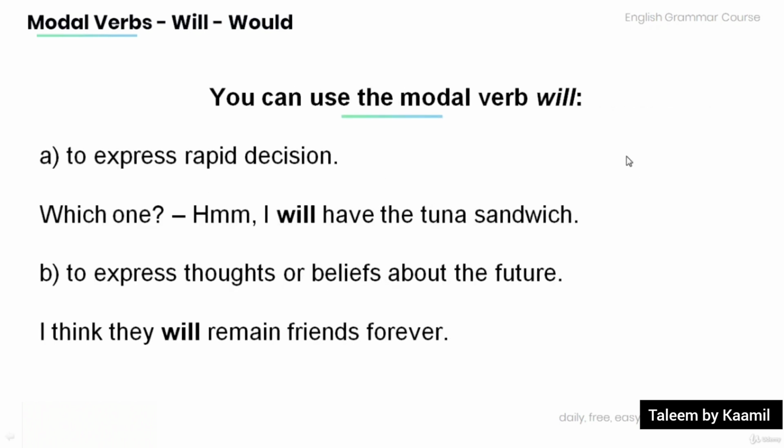Now, we can use the modal verb will, A, to express rapid decision, as in the example below. Which one? I will have the tuna sandwich. B, to express thoughts or beliefs about the future. For example, I think they will remain friends forever.